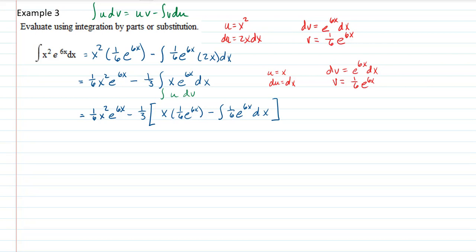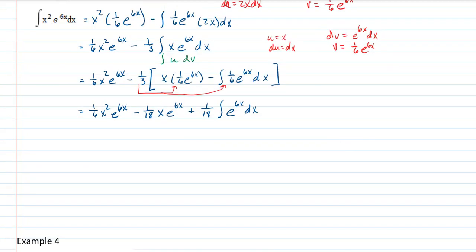And this is where you've got to be careful, because you've got to distribute that negative 1/3 across to both of these terms when you clean this up. So that's going to give us 1/6 x squared e to the 6x minus, and then 1/3 times 1/6 is 1/18 x e to the 6x plus 1/18 the integral of e to the 6x dx.